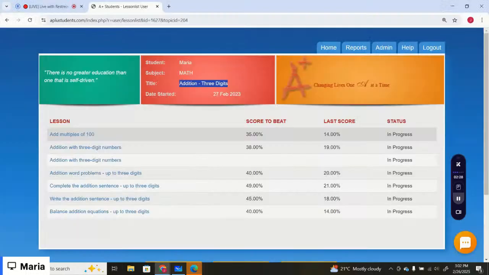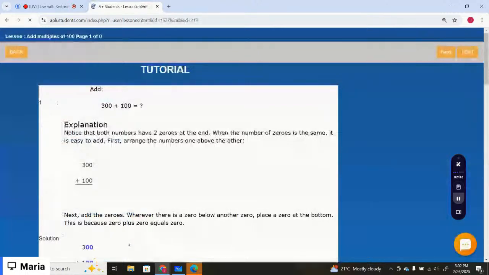Here I'm on grade 2 math. The chapter we are on right now is addition 3 digits. Let's just start with the first lesson, that is add multiples of 100. 300 plus 100.